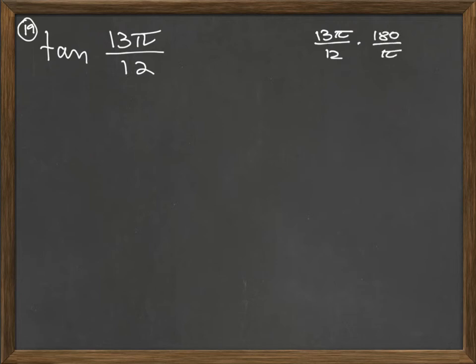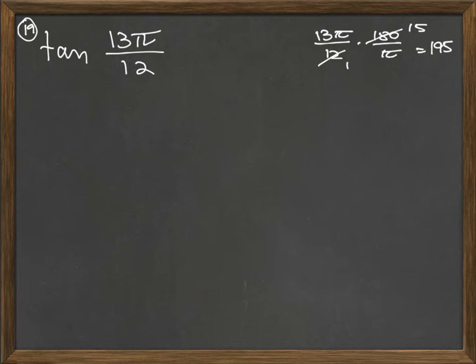What did we say? 12 goes into 180 15 times. 13 times 15 is what? 195. Okay, 195. How do we change this?